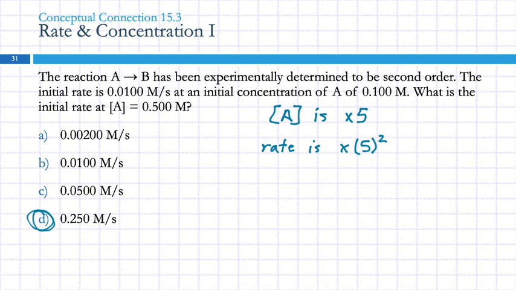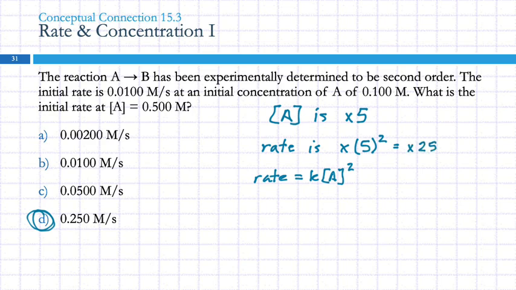Yeah. So the rate went up by times 5. And in a second order reaction, the rate is equal to the rate constant times the concentration to the second power. So if A is going up times 5, then this piece is times 5 to the second power, which is 5 squared, right, which is 25.